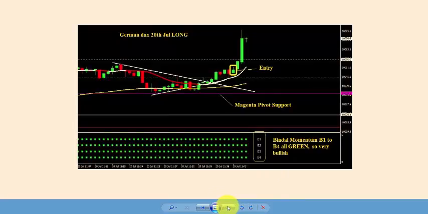Again, another very good example here. B1, B2, B3 are all long. I got a very strong support at the magenta pivot and a nice break of resistance trend line, and this is where my entry was.